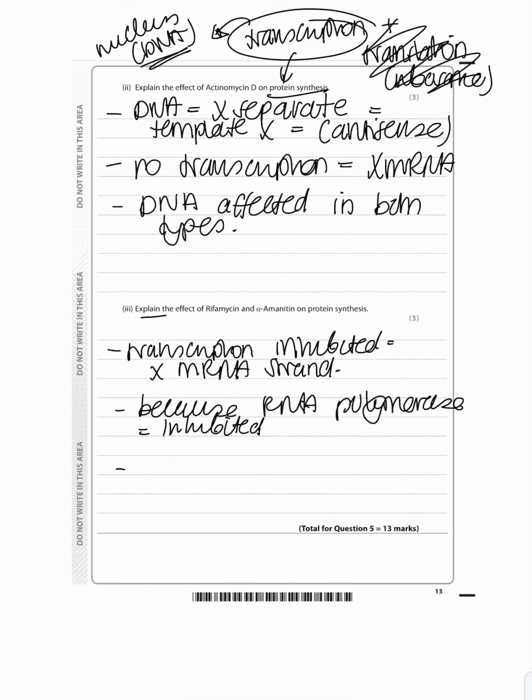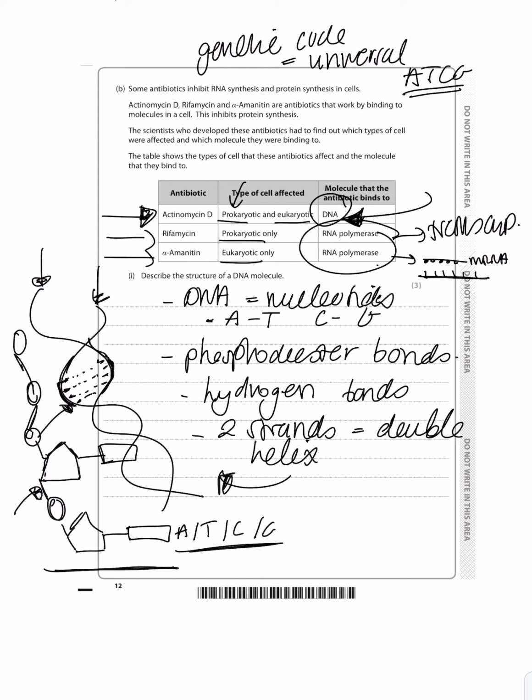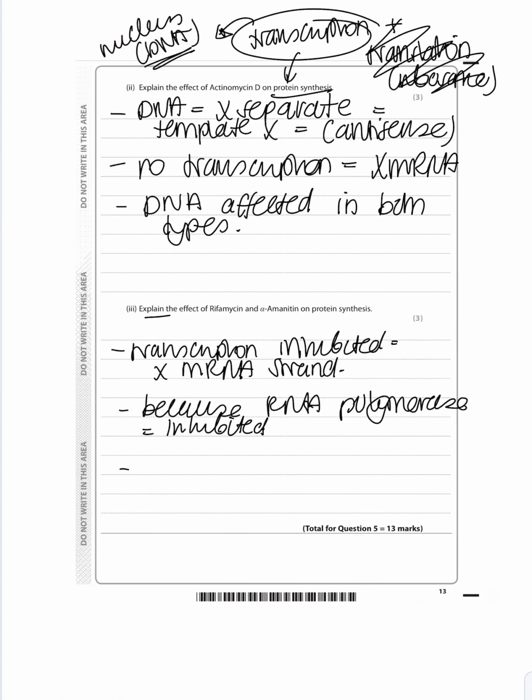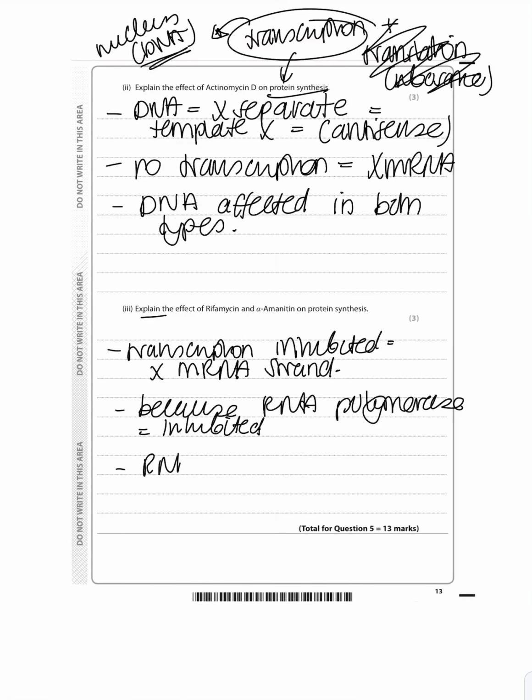The final mark is that, okay, they both contain the RNA polymerase, but how come rifamycin only affects prokaryotes and alpha-amanitin only affects eukaryotic cells when they both have the same enzyme? Well, that basically means that the RNA polymerase, the enzyme, does not have the same structure in these cells.